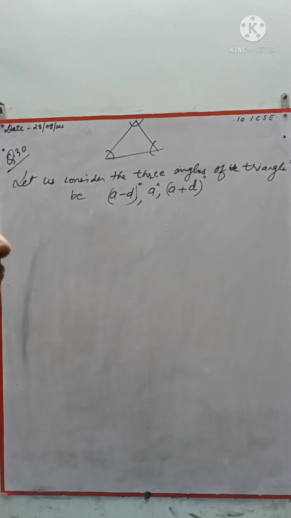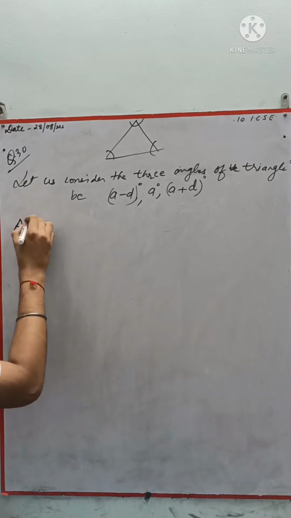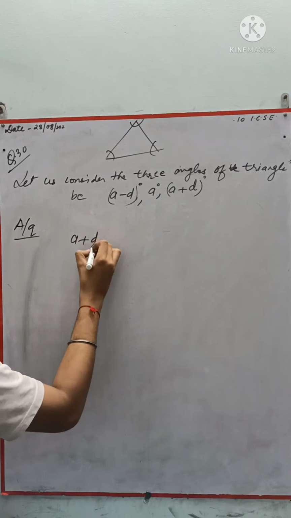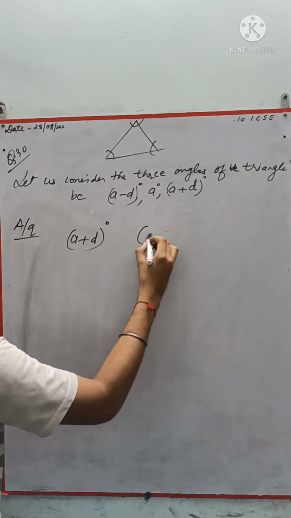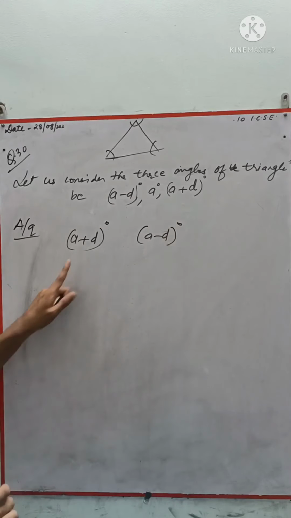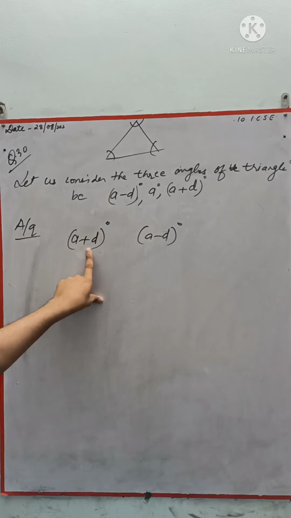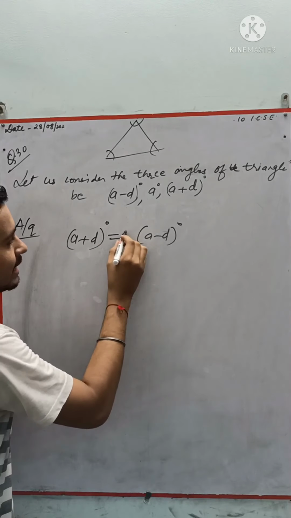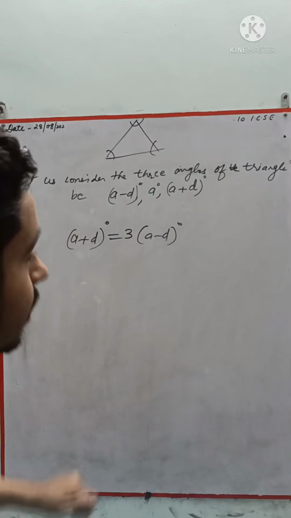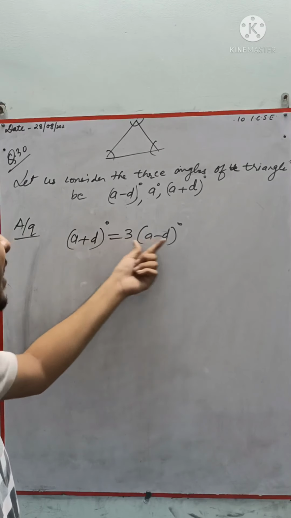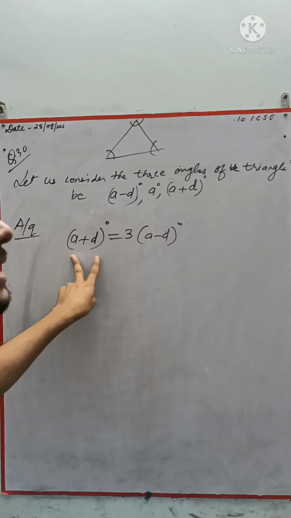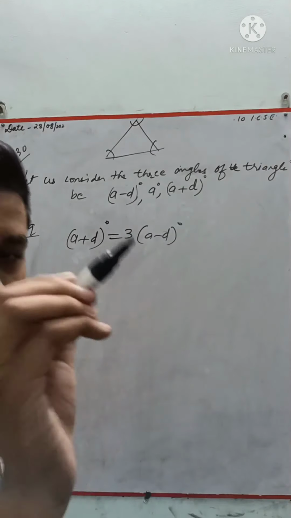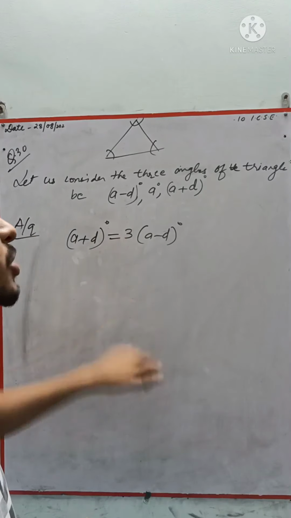One piece of information is given, that according to the question, the greatest angle, which is A plus D degree, is 3 times the smallest angle. This is already 3 times, so we need to multiply 3 on the other side so that the equal sign can be used here.